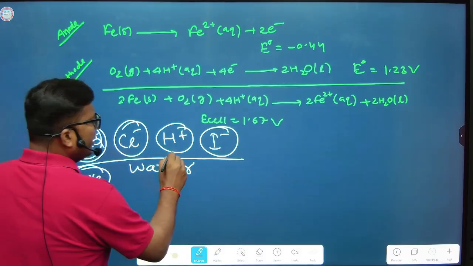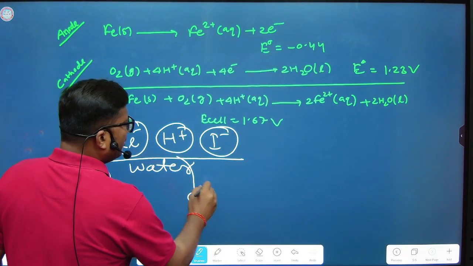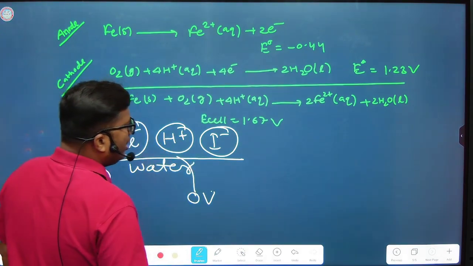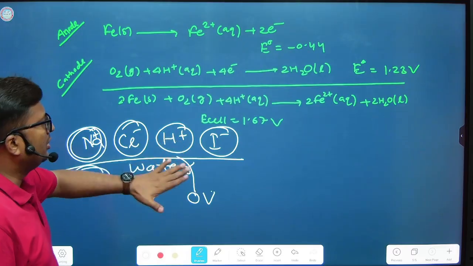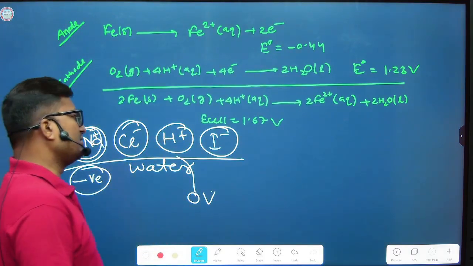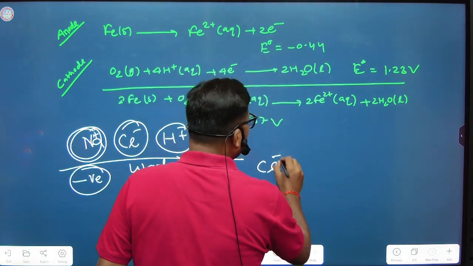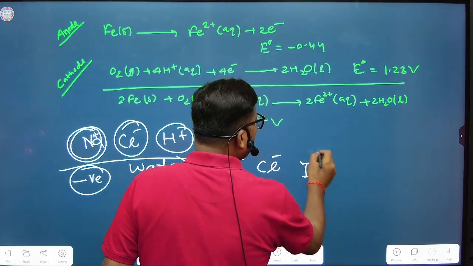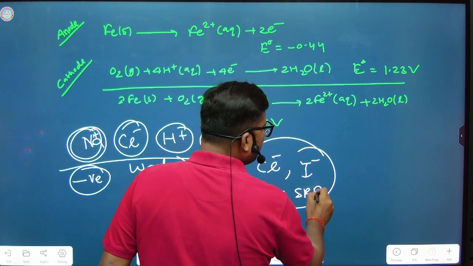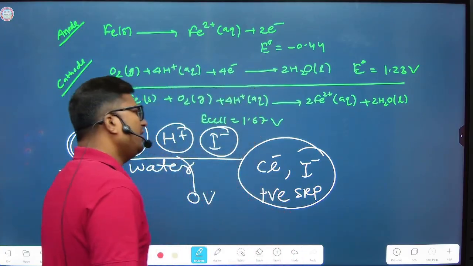Hydrogen has 0 volt, right? So these chloride ion and iodide ion are both below hydrogen, so they have positive standard reduction potential. Cl minus and I minus both have positive standard reduction potential, right?